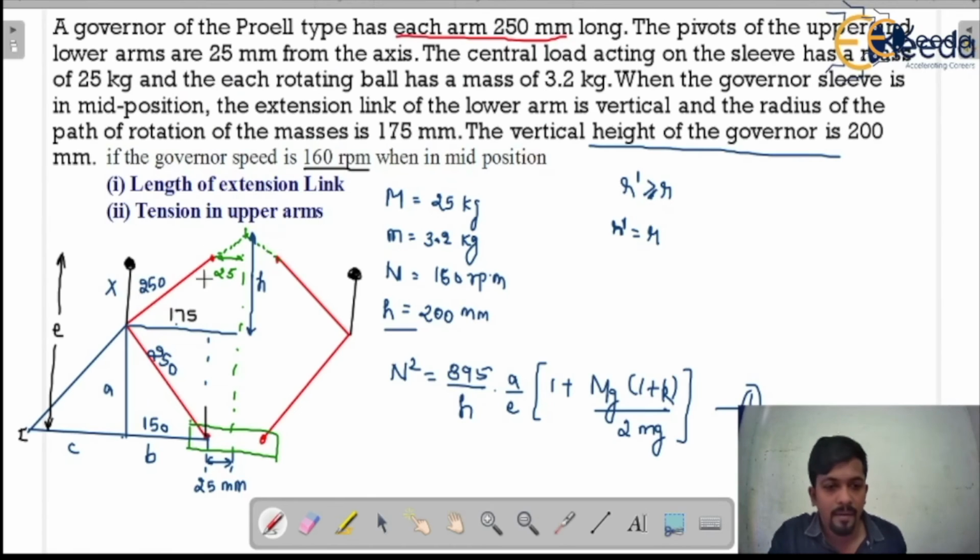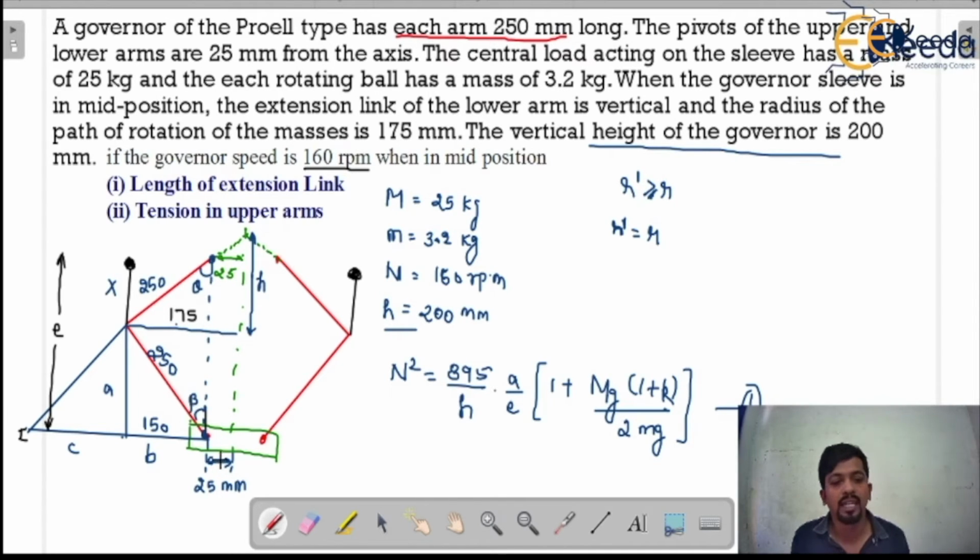See here, this is the pivot point of the lower and the upper arms. The pivot points have an offset of 25 mm, that means both have a 25 mm offset. So this is length 250 and this is also length 250, and both are on the same pivot point, that means on the same line of action. So the angle would be the same, that means theta is equal to beta.